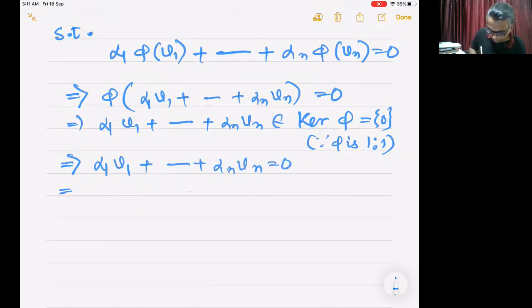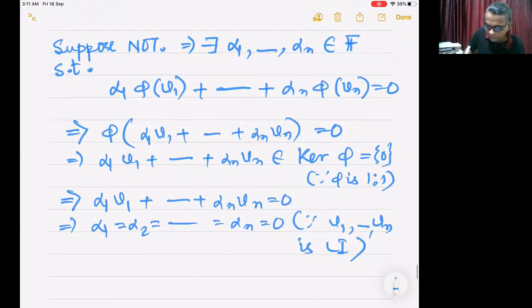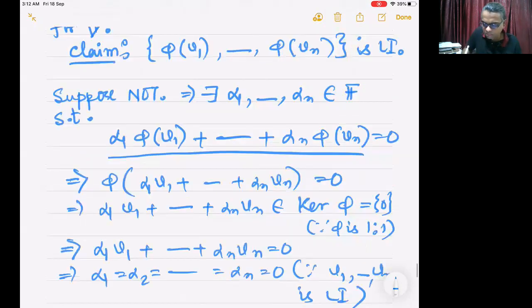But then this must imply alpha 1 equals alpha 2 up to alpha n equals 0. This is because v1 up to vn is linearly independent since it's a basis for V. This proves that only the trivial linear combination of phi v1 up to phi vn goes to 0, which means phi v1 up to phi vn is linearly independent as we have claimed.